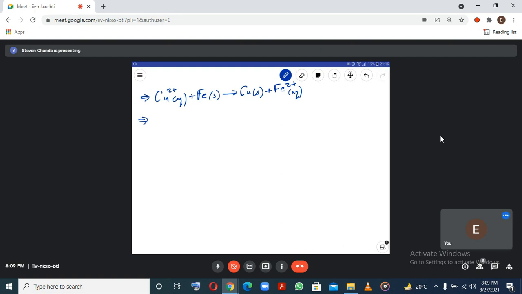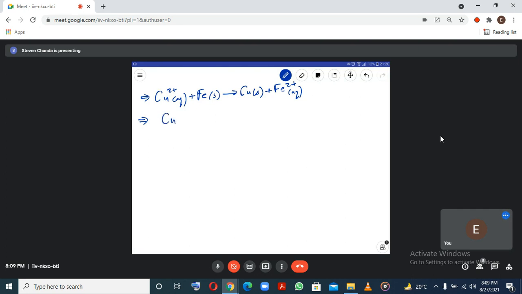So now you have to find from that table 18.1, you have to write the reduction half reactions. Okay, so we go to that lovely table there.